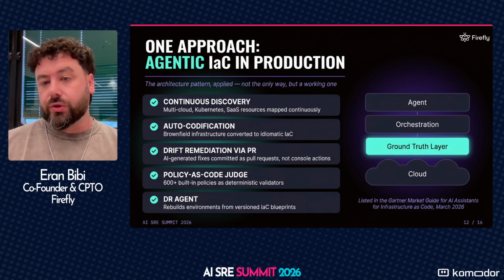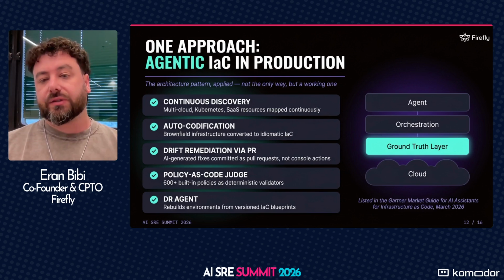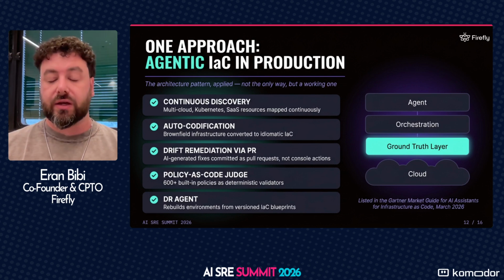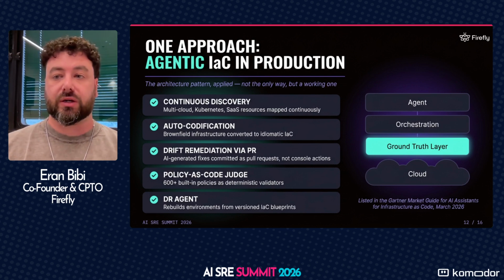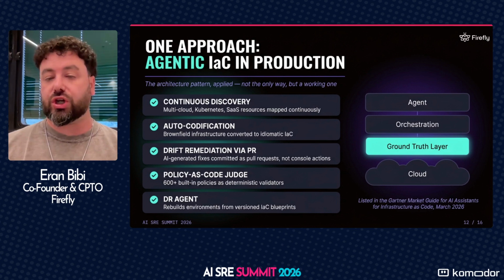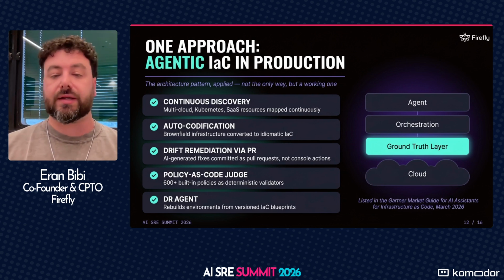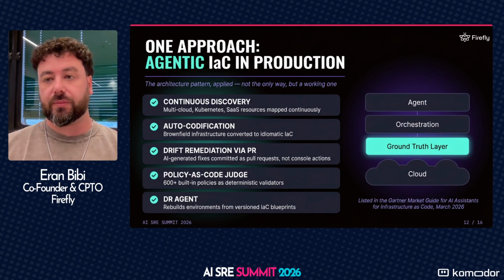So to conclude, the pattern that we are looking for when using agentic AI to manage the cloud is not about provisioning and changing the cloud directly using AWS CLI or MCP or any type of direct connection.